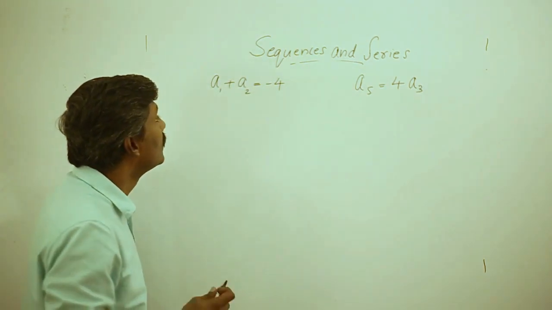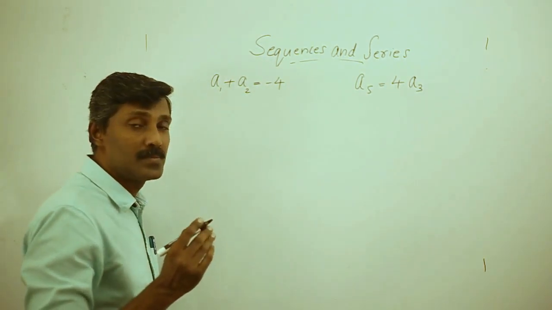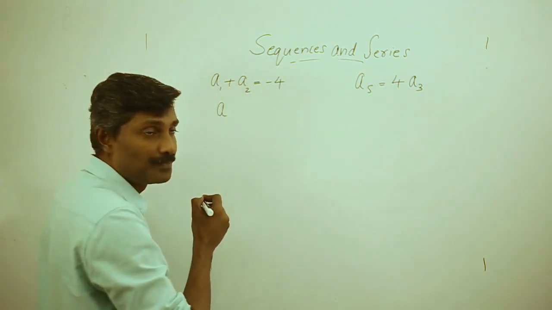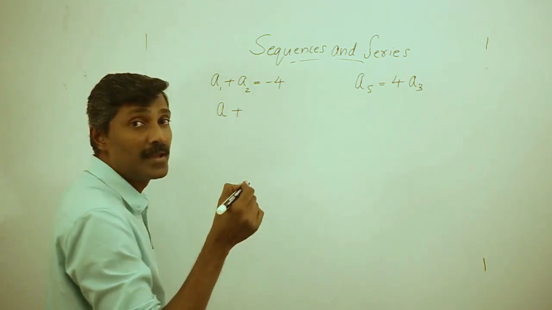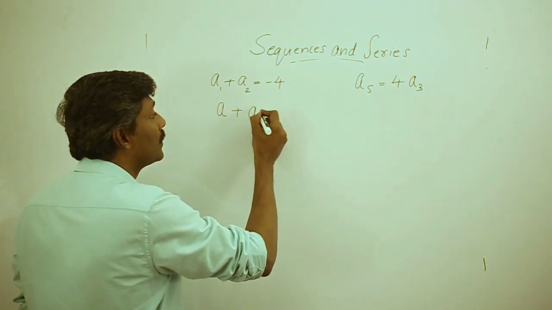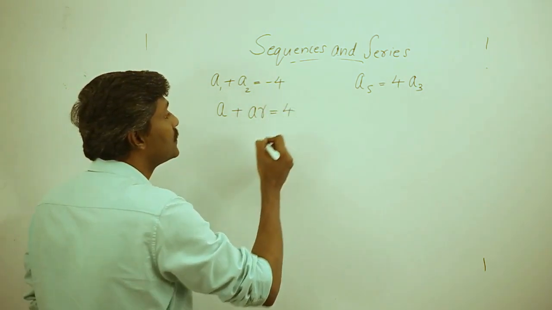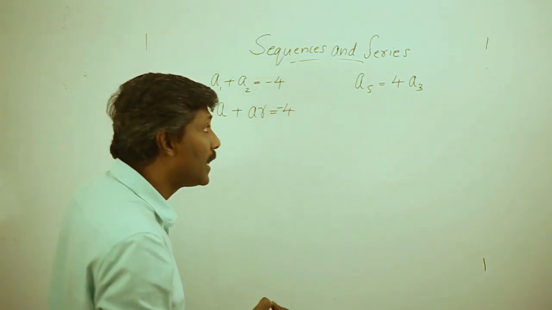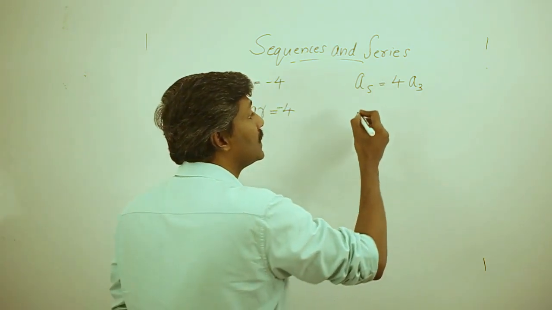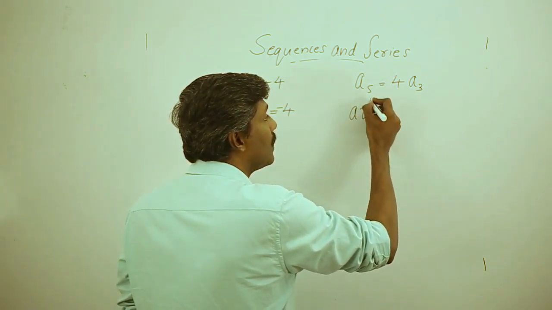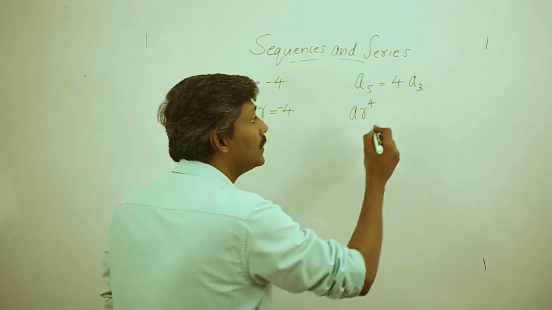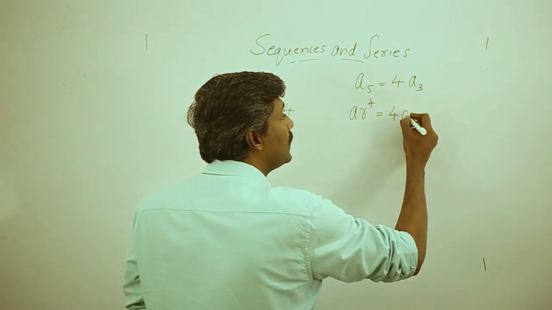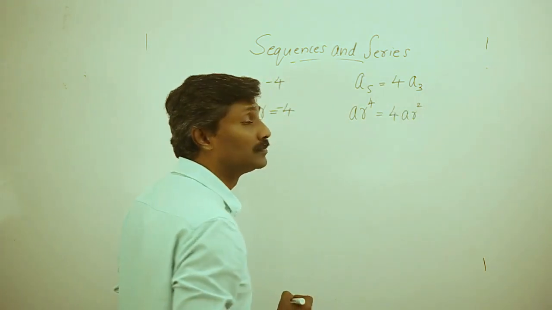Now the first term is nothing but A, and the second term is A into R. So the sum of the first two terms is A plus AR, which is equal to minus 4, and it is given that the fifth term, AR raised to 4, is 4 times the third term, which is AR raised to 2.